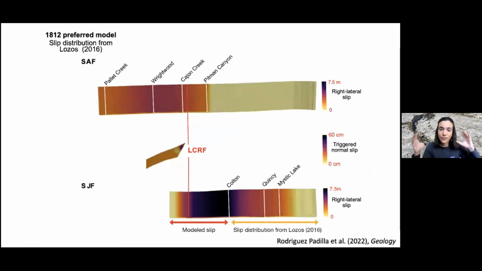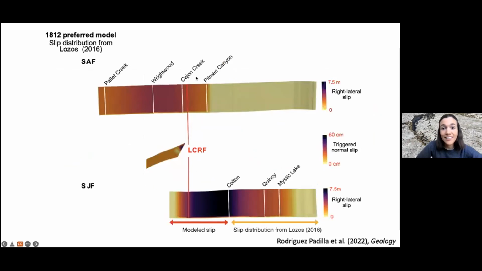We're going to show another way to visualize this data back here on the exploded fault view. You can see on the San Jacinto fault that the model slip, this is model slip from the Loss paper, up to Colton. Slip distribution from Loss up to Colton, and then our model slip on the left side here. This is what our preferred model looks like.